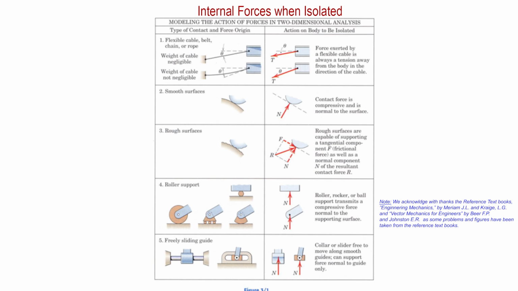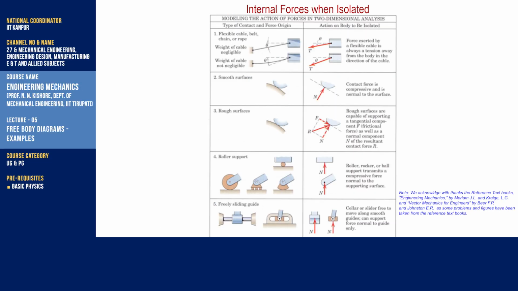Okay, then we have the sliding guide, which is sliding on a surface, like the block on a horizontal surface I showed. It can even be a collar sliding on a cylindrical rod, or maybe a block sliding in a slot. You will see all these applications in many of our problems.